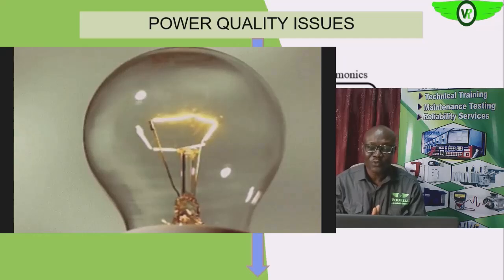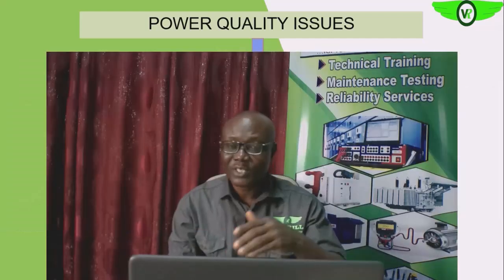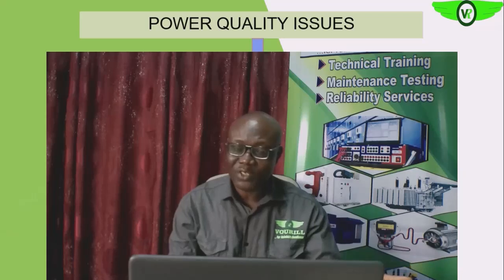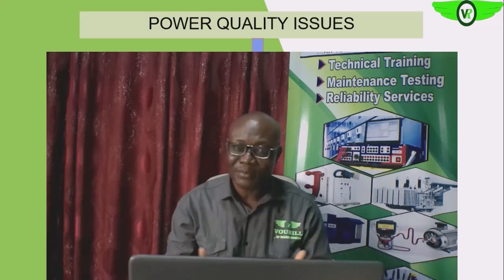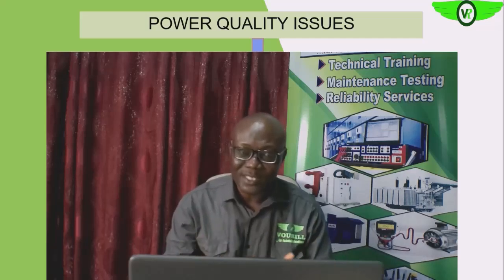It's not good for our system because, like the sags, over voltage and the rest, it can cause shutdown, depending on the protection you have on the system. It can cause shutdown, and at times it will take a lot of time to start up the system again.